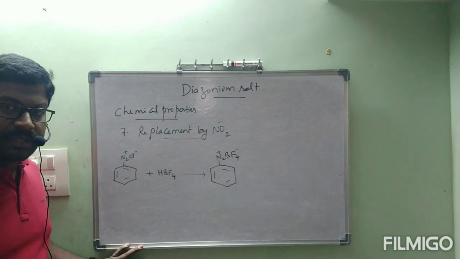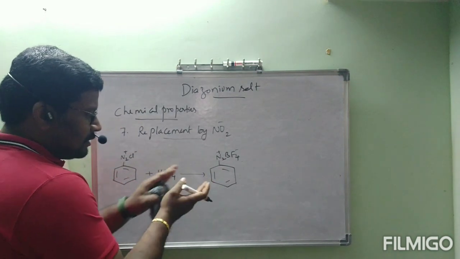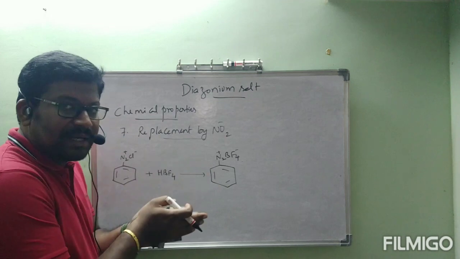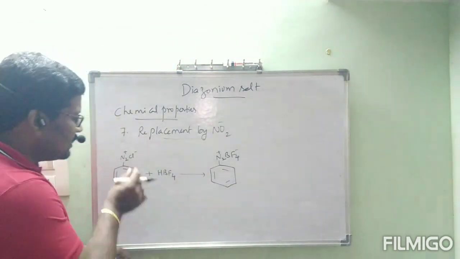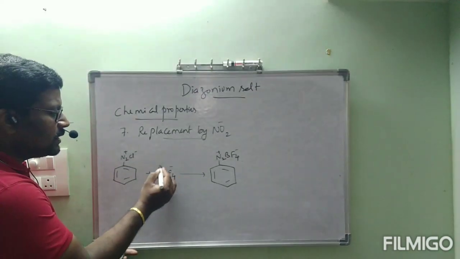Benzene diazonium borofluoride is somewhat stable, that's why they converted it into this one. Nothing else, simply the Cl minus is replaced with BF4 minus.